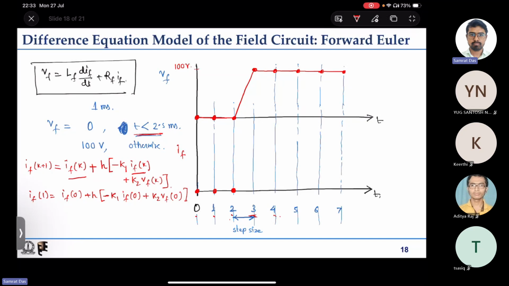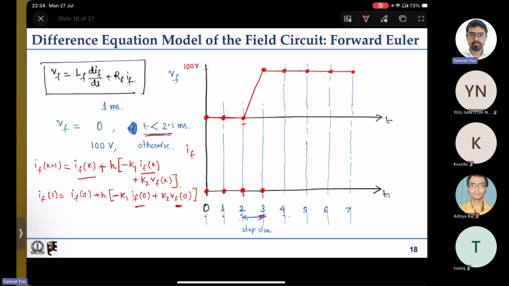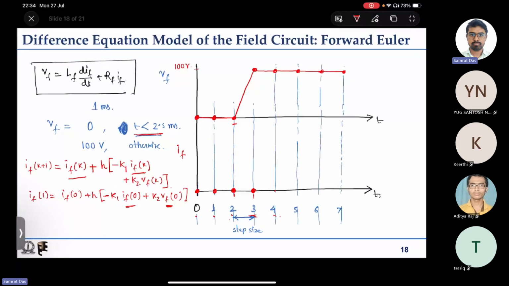When we go to IF3, still IF2 is equal to 0 and VF2 is also equal to 0, so it will remain 0 only. When we go for k equal to 4, then the values of IF3 and VF3 will come up. I will use a different color.